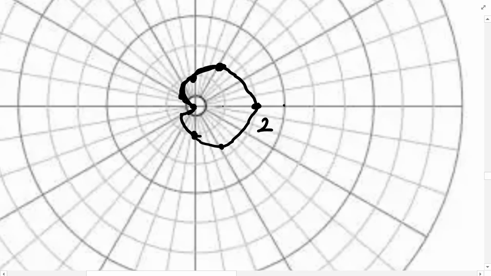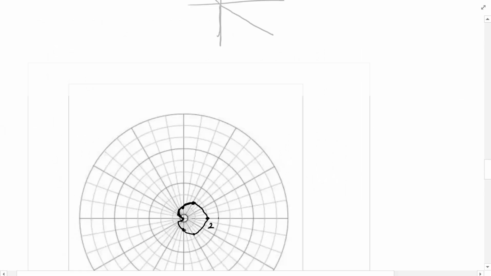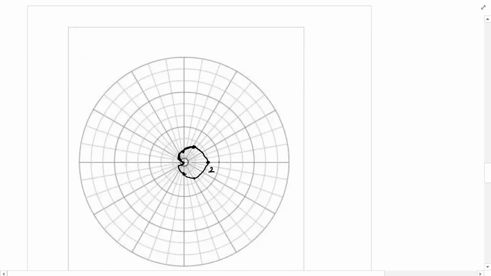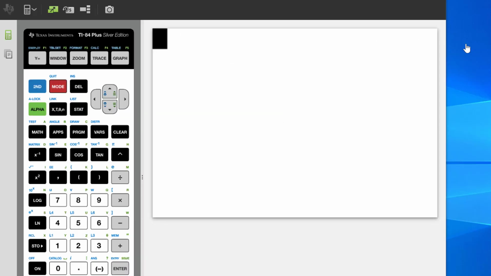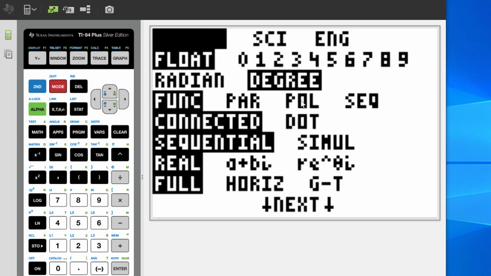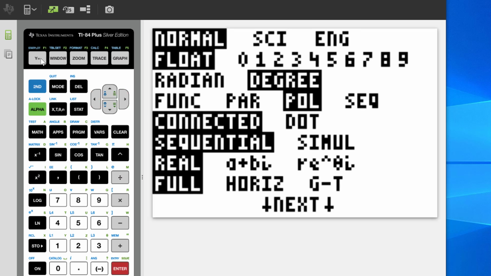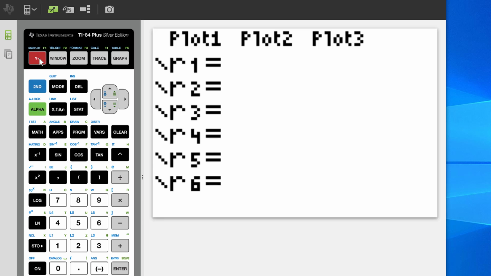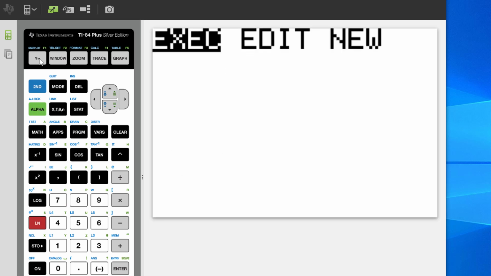So I'm going to check this with the calculator. To do that, we open the calculator, then we go to mode, then we choose polar. Enter. So now we go to y equals, and our function was 1 plus cosine theta.